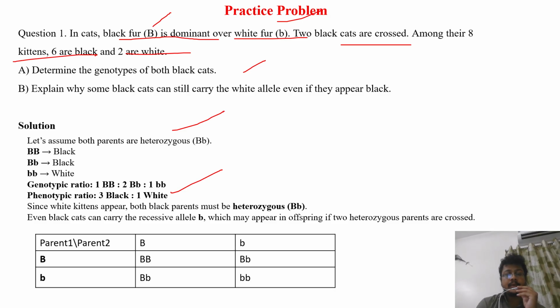Since white kittens appear, both black parents must be heterozygous, because if both parents are homozygous, then only black kittens appear. If both parents are homozygous and they are crossed, they will produce heterozygous dominant cats, and heterozygous dominant cats will have black fur. But here it is written 6 are black and 2 are white. So since white kittens appear, parents must be heterozygous.